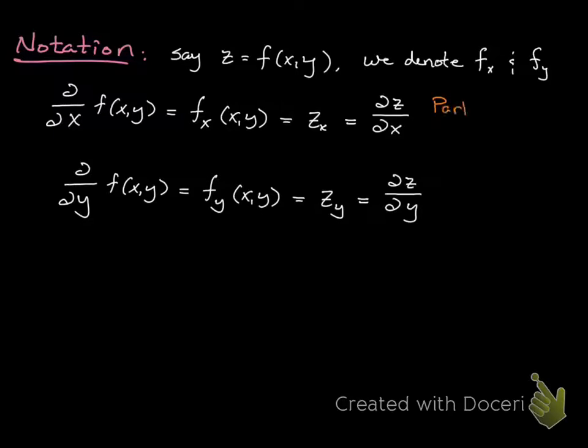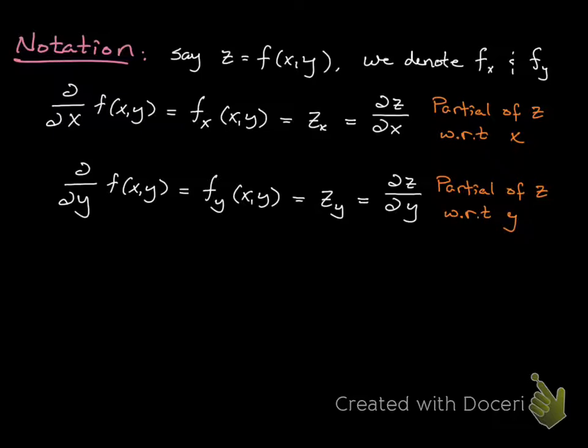So that's partial of z with respect to x and partial of z with respect to y. Okay, so there's some of the notation that you'll see, and I don't want to say that that's all of the notation for partial derivatives that you'll come across if you keep going in math, but that's most of it.